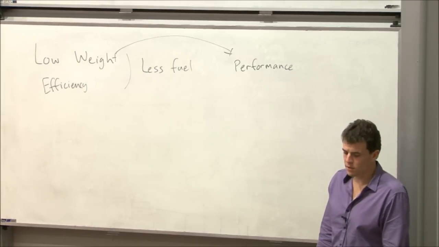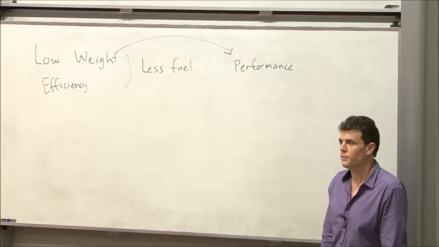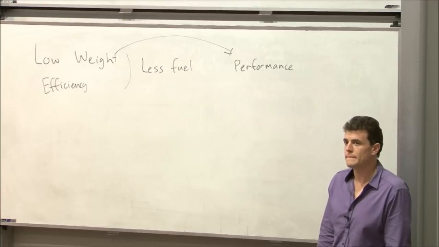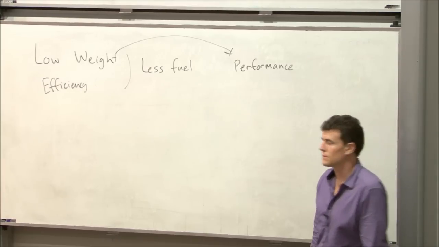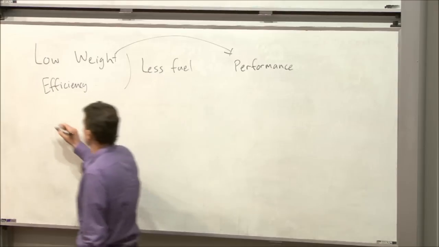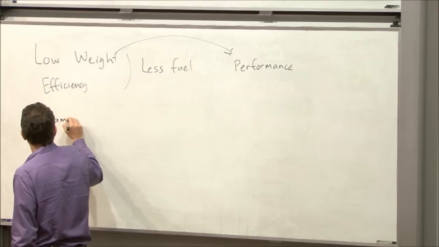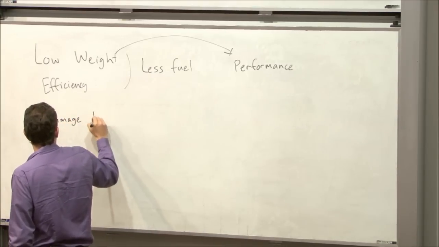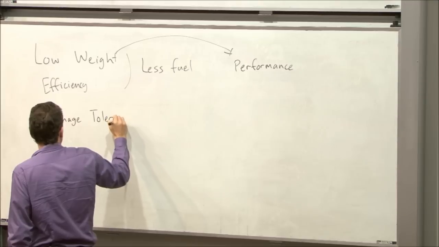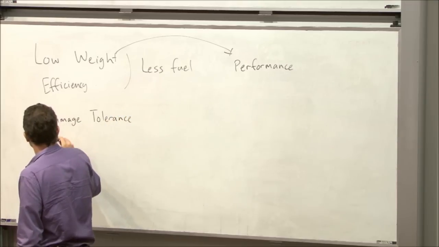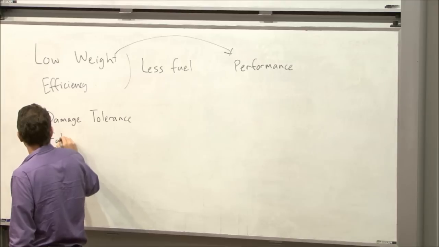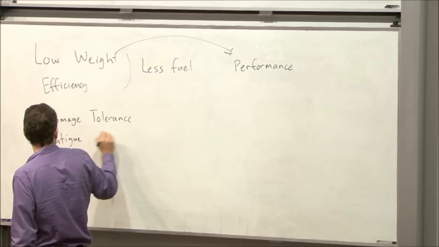All right, are there any others that you can think about? Having a structure that resists damage, like if you had a lane or whatever. Yeah, so damage tolerance, fatigue tolerance.